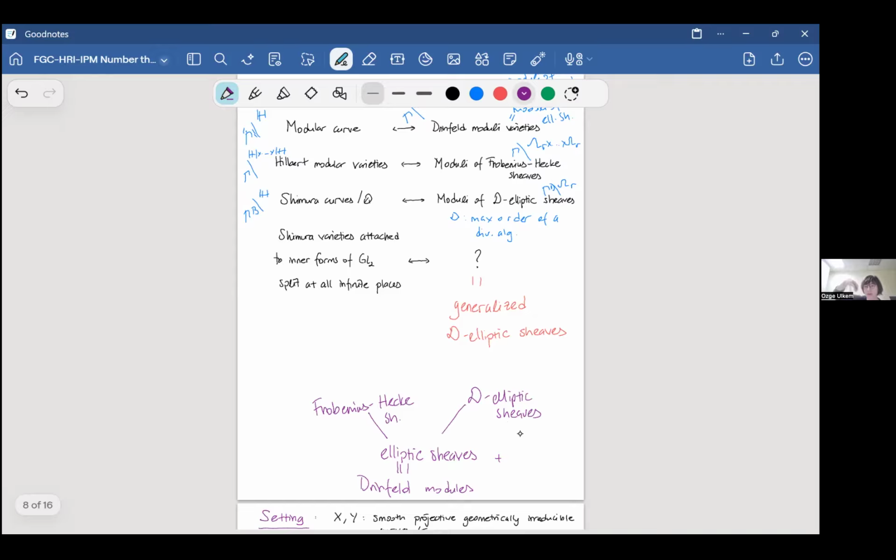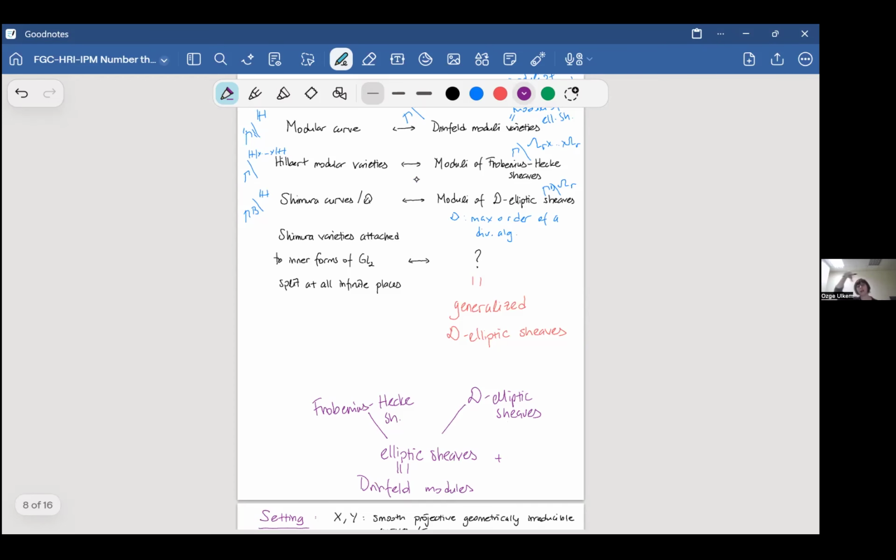So you have these vector bundles still with modifications around infinity, but now your vector bundles have an order of a division algebra action. And you get a D-elliptic sheaf. For the Frobenius-Hecke sheaf case, instead of one infinity, you have many infinities. But again, you have a vector bundle.